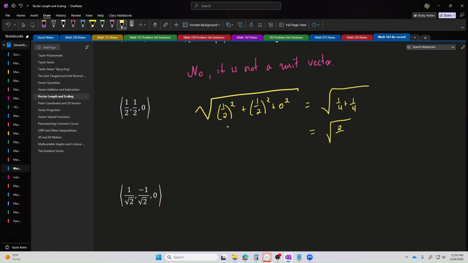Following PEMDAS, that would be combined to 2/4 under the root, and so that would be equal to the square root of 1/2. So I can tell that that is not equal to 1. That's a little bit too small now, actually. This is too small. So as a result, this guy is not a unit vector. It's too short to be a unit vector.